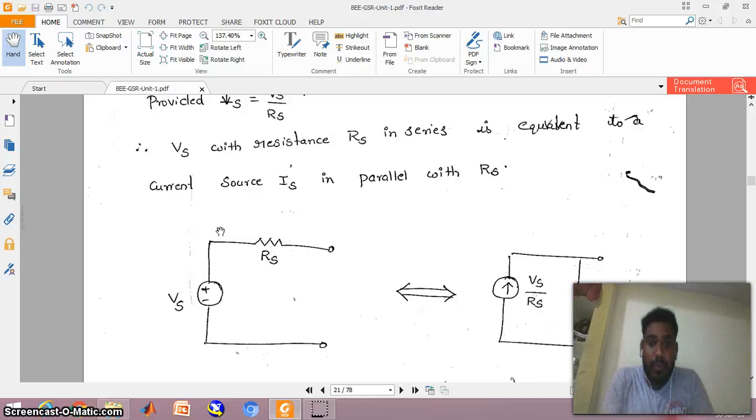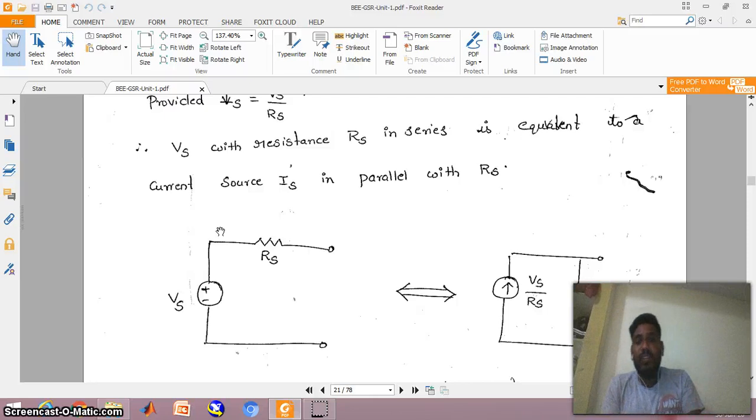So for the conversion from voltage source to current source, the same resistance is connected in parallel with the current source, and that current source value is simply Is equal to Vs by Rs.